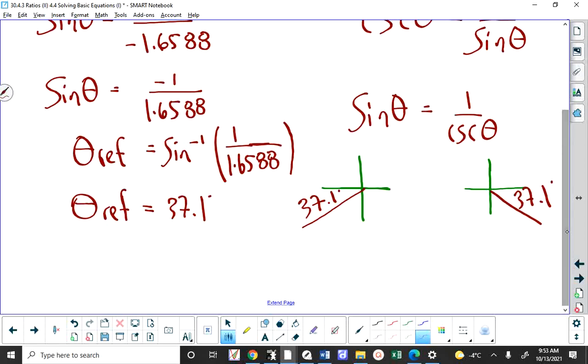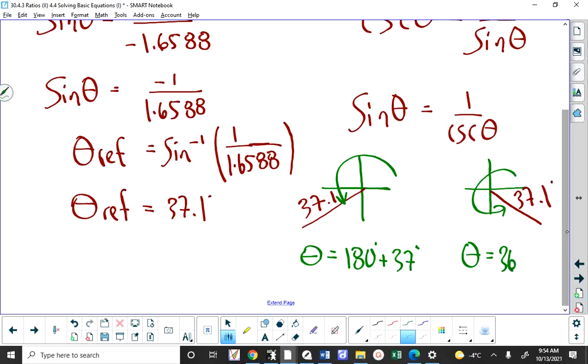This rotation angle will be 180 plus 37.1. This rotation angle will be 360 minus 37.1.